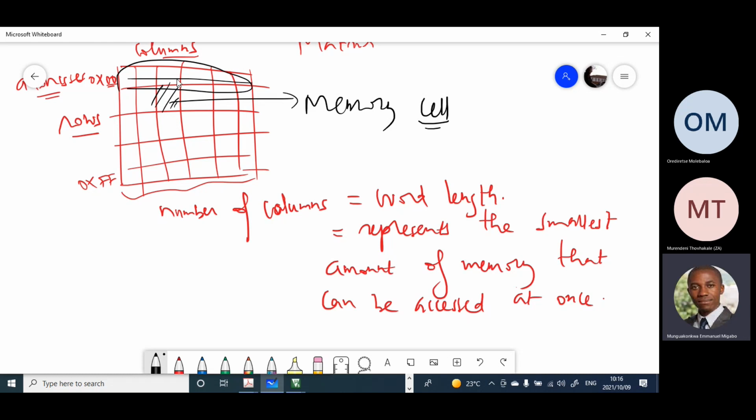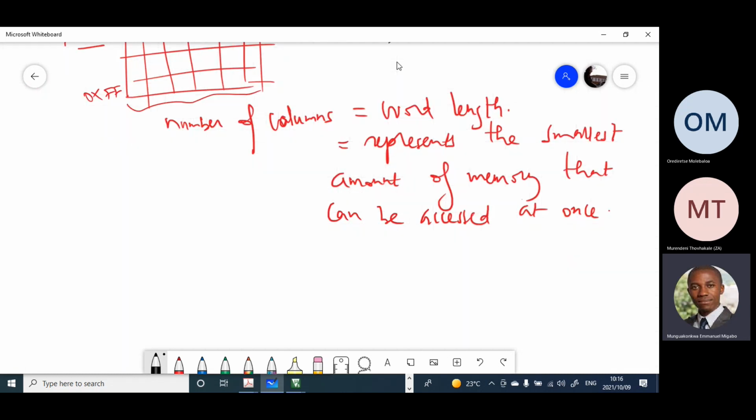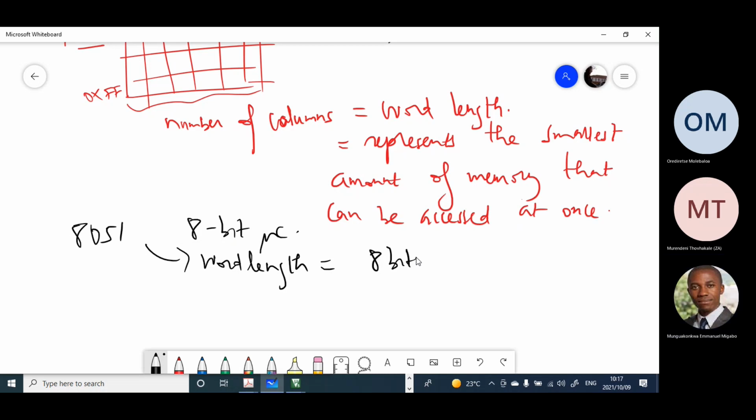Depending on the type of microcontroller at hand, and I will go back to previous microcontrollers you have learned: the AT51 was an 8-bit microcontroller, which means memory is organized in batches of 8 bits. So the word length of the AT51 was 8 bits, 1 byte per address, or 1 byte per row.